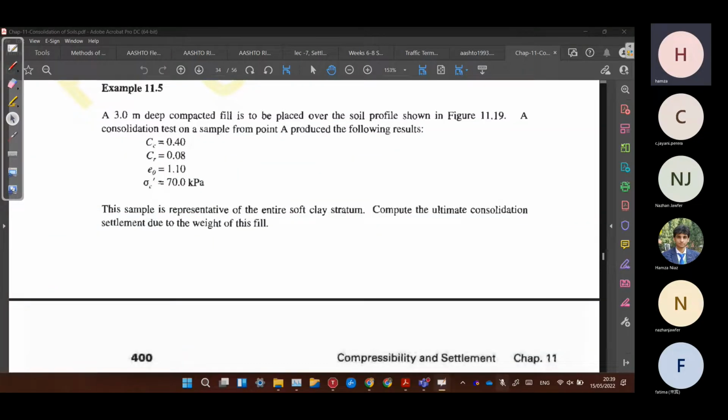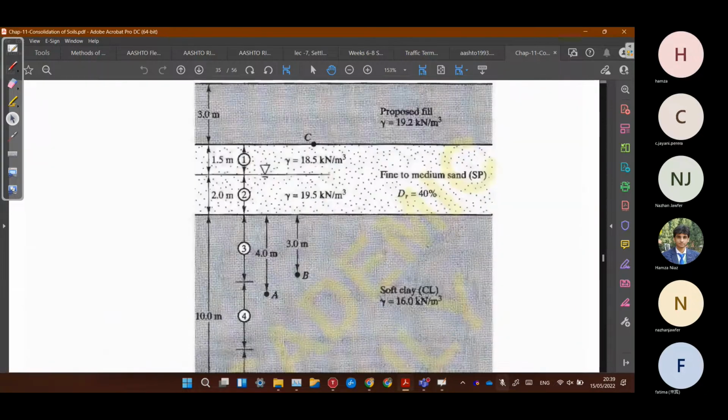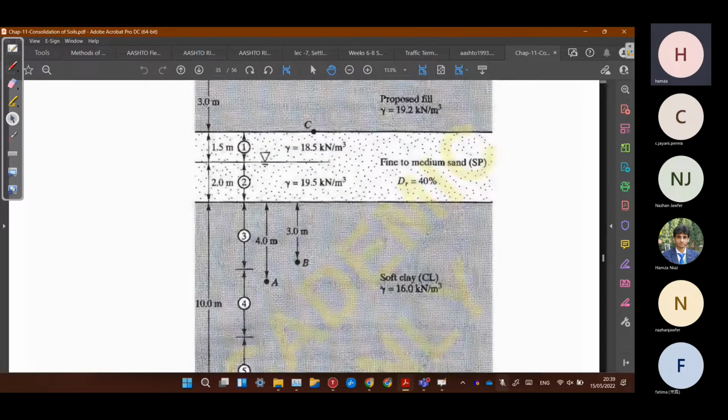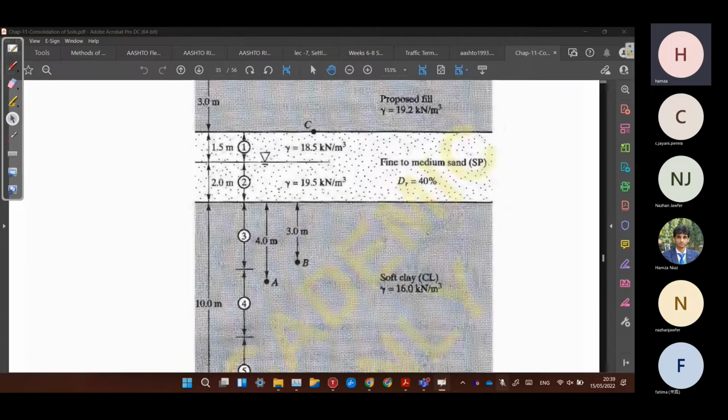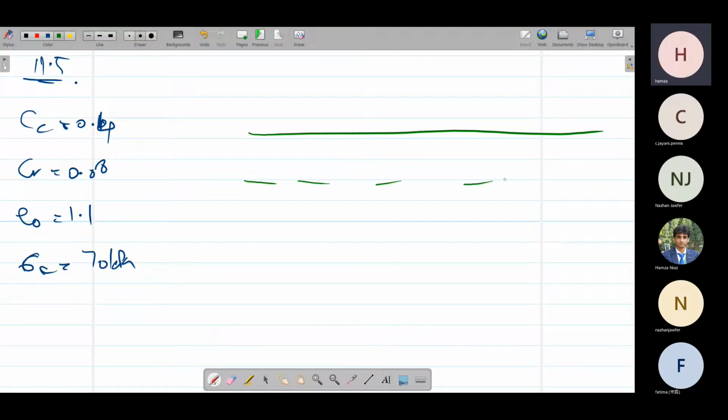So the soil profile is, we have a 3 meter proposed fill on the top. I will draw the proposed fill later. First we have these layers. We have the water table here.